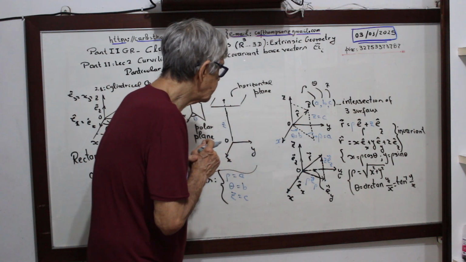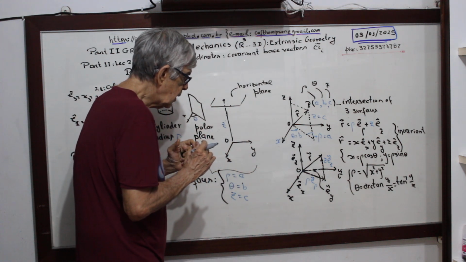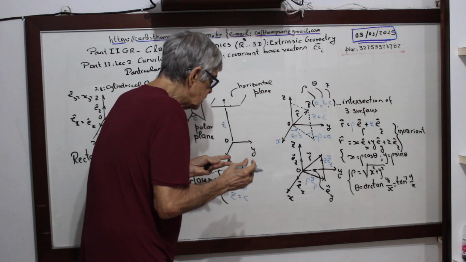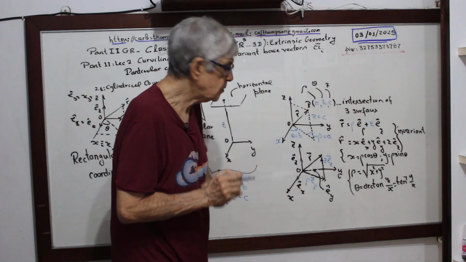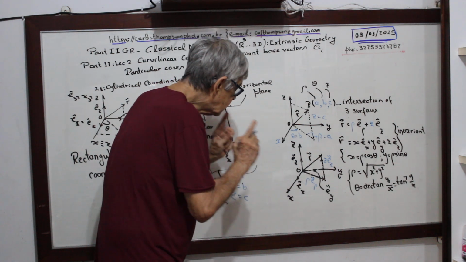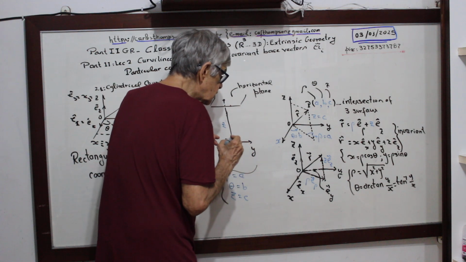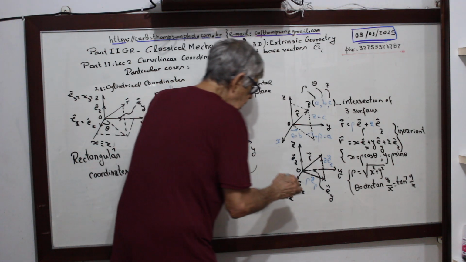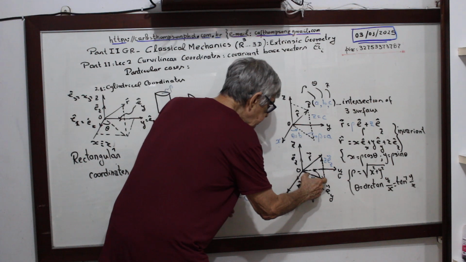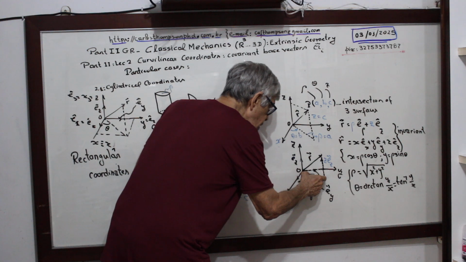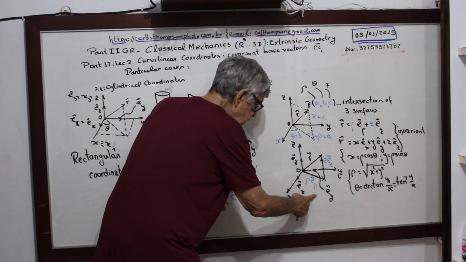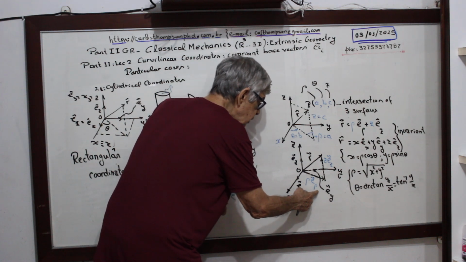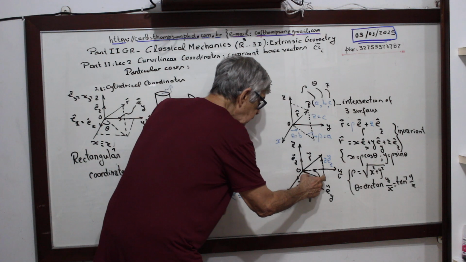Now, in this case, I will insert the base vectors. Look, it's very interesting. Sometimes it's confusing. This vector over here is rho, the size of the vector, the magnitude. In this case, E rho is this size here.